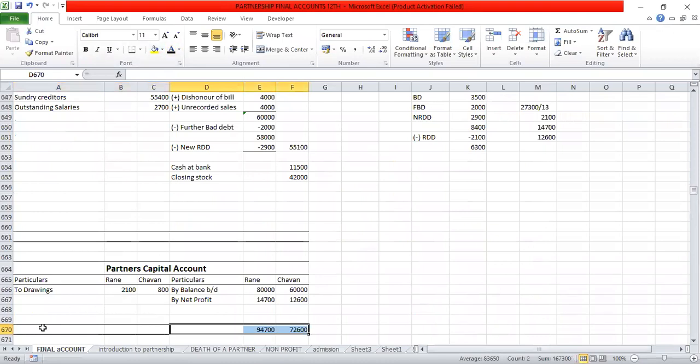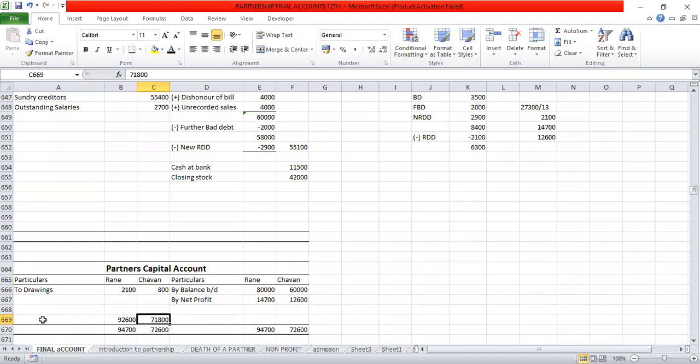The same total will be taken here. 94 minus 2,100 is 92,600. Then 72,600 minus 800 is 71,800.